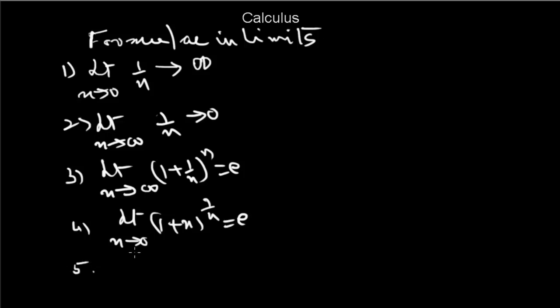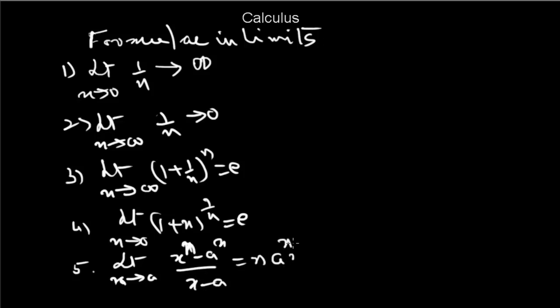Number 5, limit x tending to a, (x power n minus a power n) by (x minus a) is equal to n into a power n minus 1.